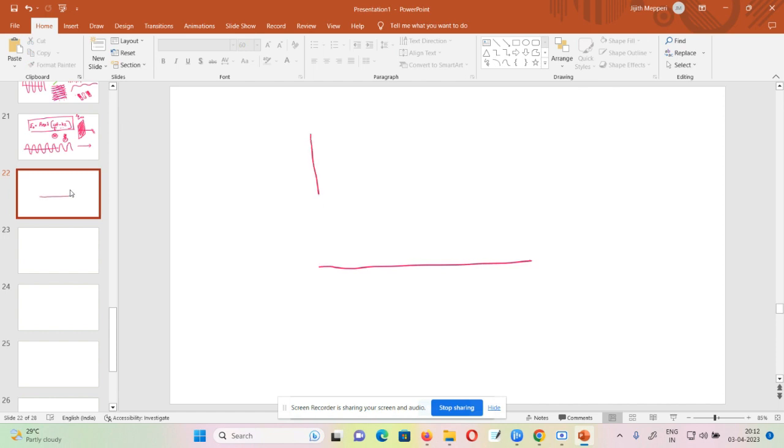Because if you plot the frequency omega of a plane wave, you will get a Dirac delta function, a sharp peak at exactly one location where our plane wave has its frequency.